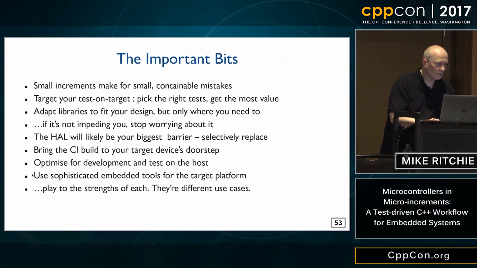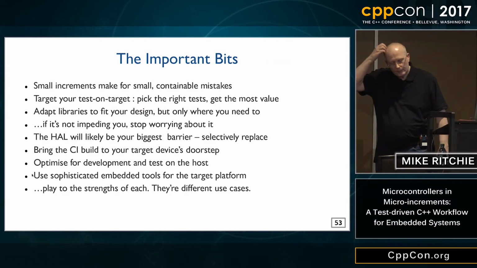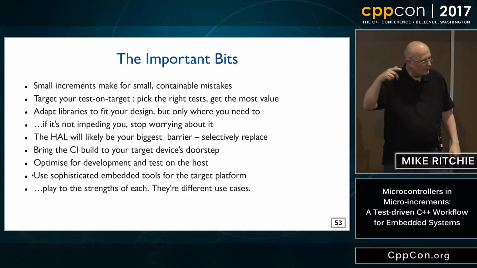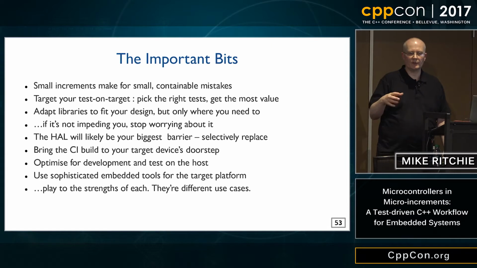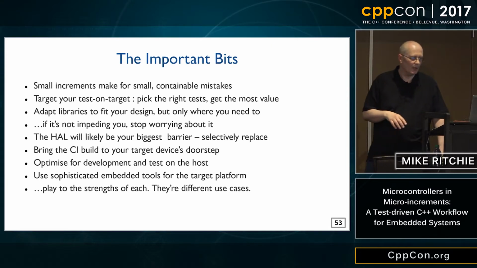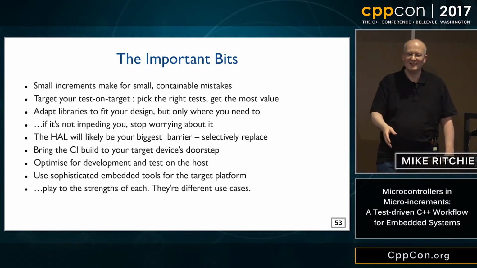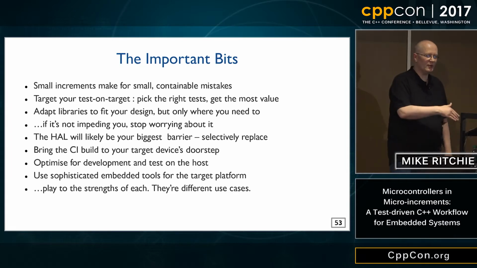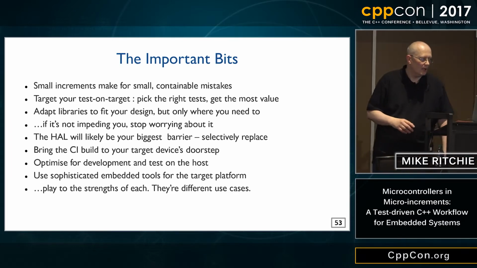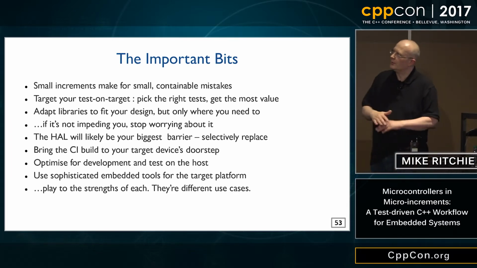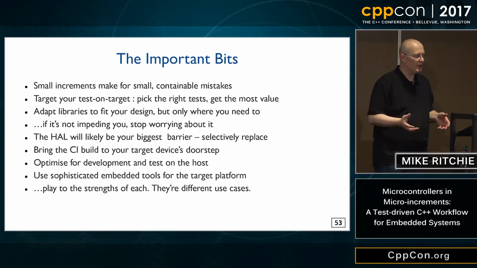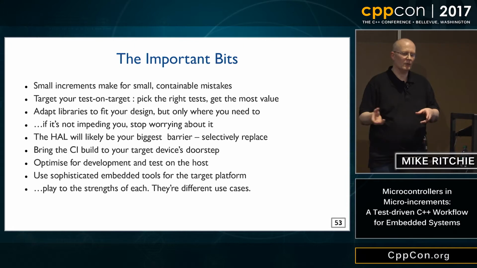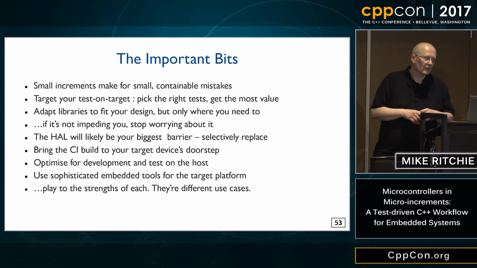Okay. So the points I would make is that small increments make for very small mistakes. They make for containable mistakes, like that one there, for example. I'm only a few moves further than the last commit. Be careful about targeting your test and target. It can be a massive investment of time and effort. So pick the right tests, pick the ones that give you the most value.